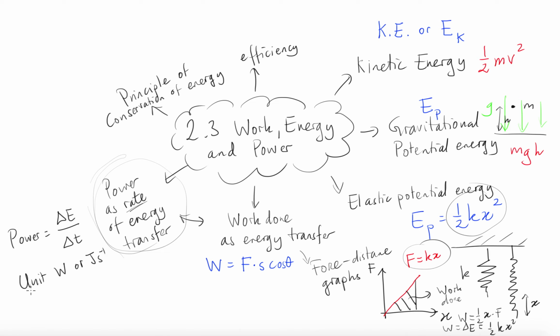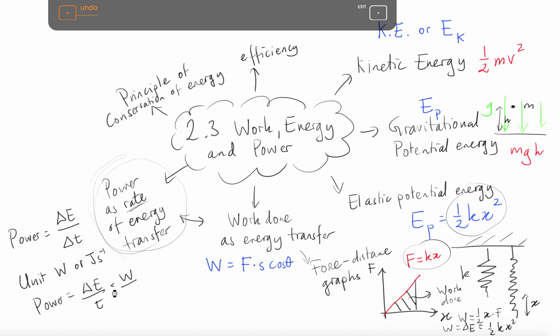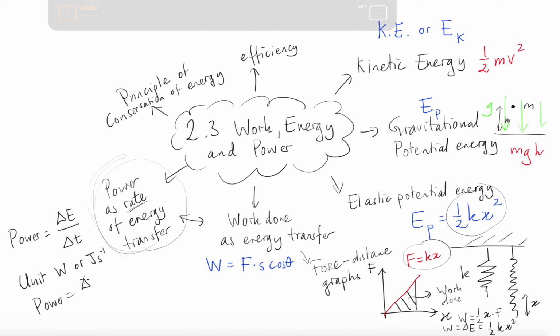And since power is the change in energy divided by time, it's also the work done per unit time. Let's just tidy it up a bit. Delta, the Greek letter delta, which simplifies a change in: delta E over delta T, or W for work over delta T.